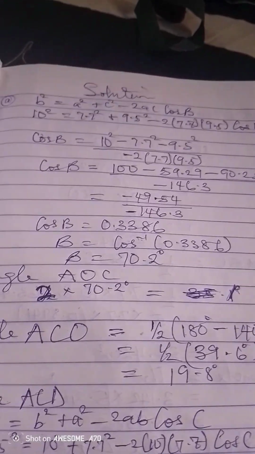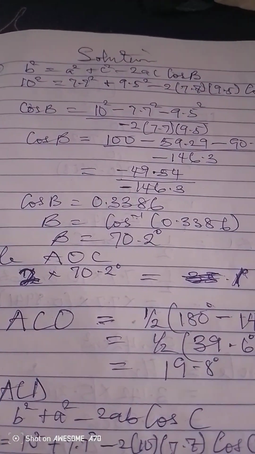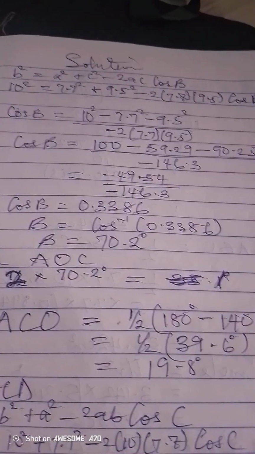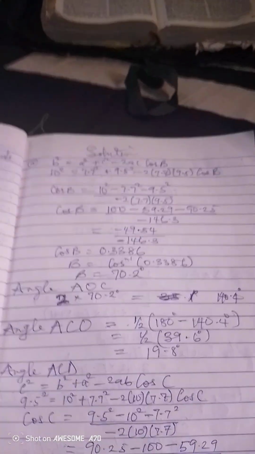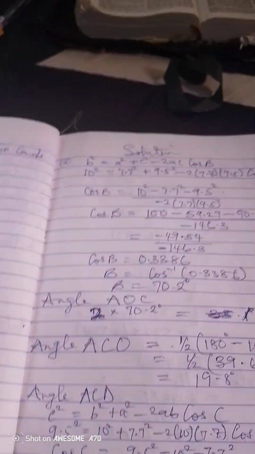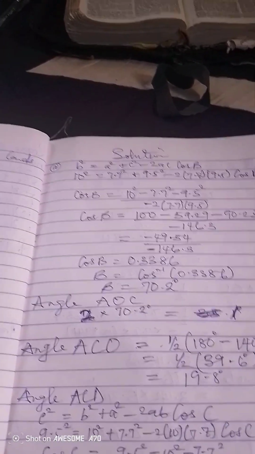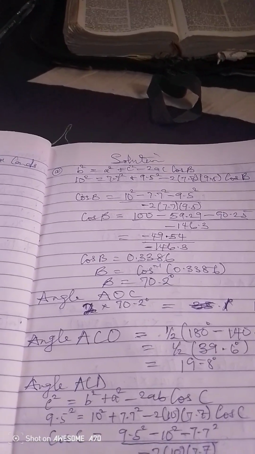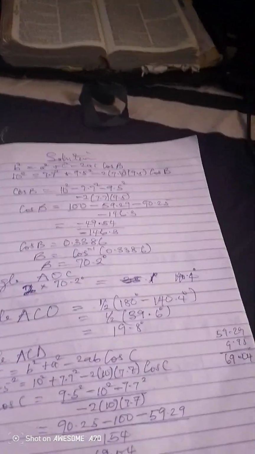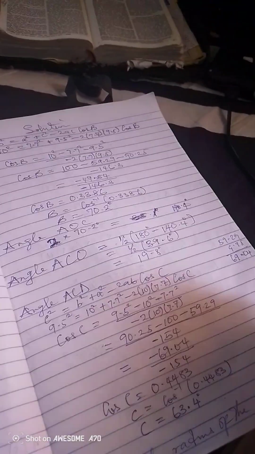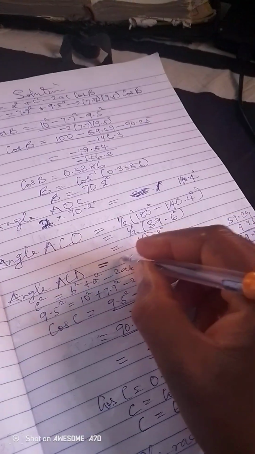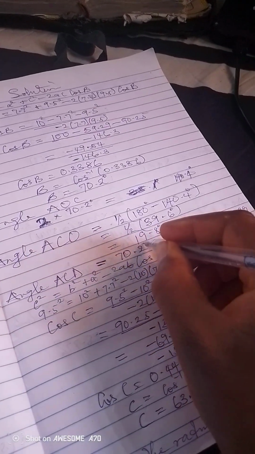The angle ACD is the angle between the tangent DCE and AC. So the angle ACD is equal to 70.2 degrees.